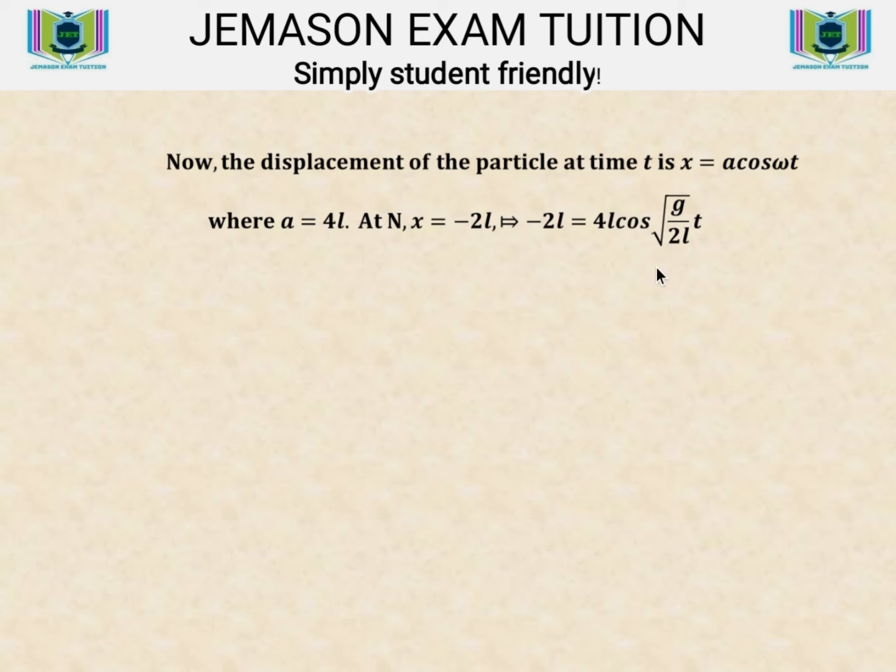Now to make t the subject, the root of g over 2l times t equals cos inverse of negative half when you divide negative 2l by 4l. And so cos inverse of negative half being 120 degrees, we write it as 2 pi over 3 radians.